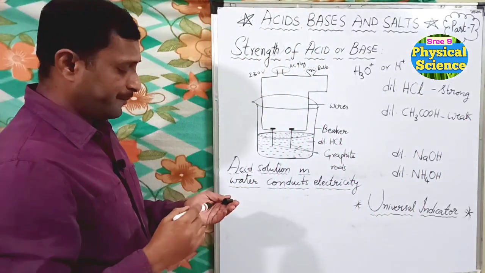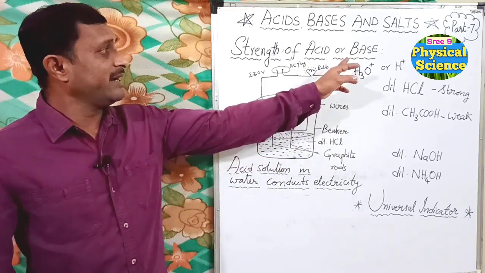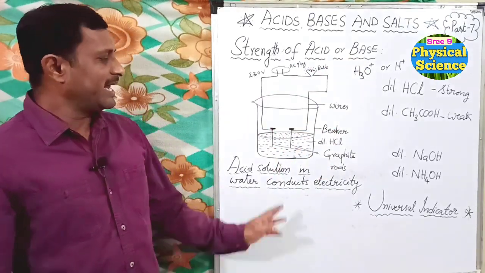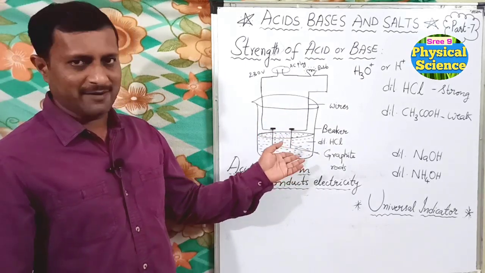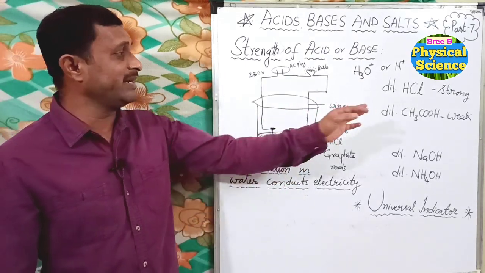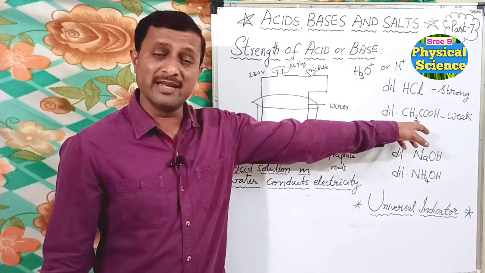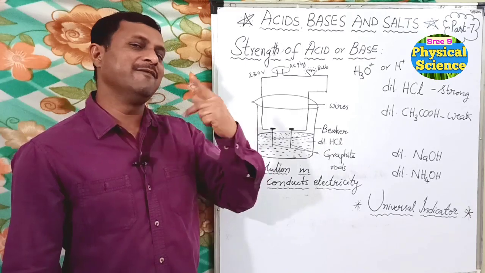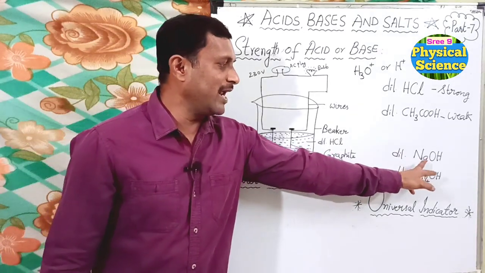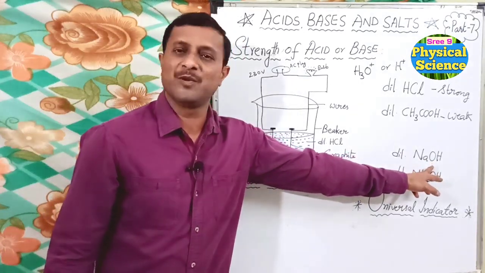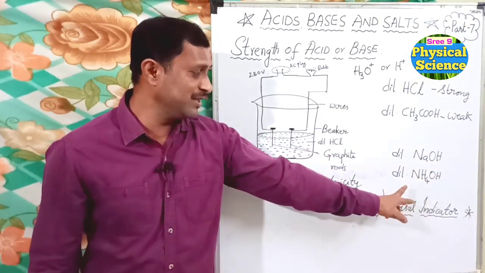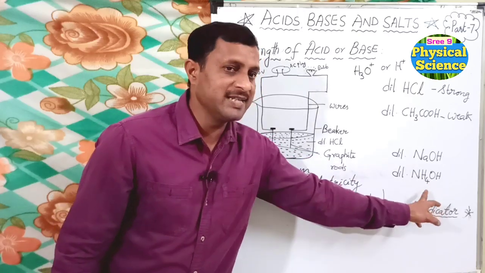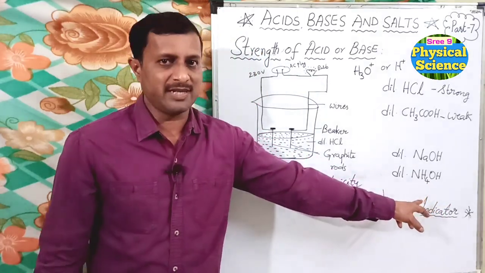Right? Now, how can we decide whether a base is weak or strong? Simple. As we conducted the activity with dilute hydrochloric acid and dilute acetic acid, in place of these we take two beakers: in one we take dilute NaOH, sodium hydroxide aqueous solution, and in another beaker we take dilute NH4OH, ammonium hydroxide.